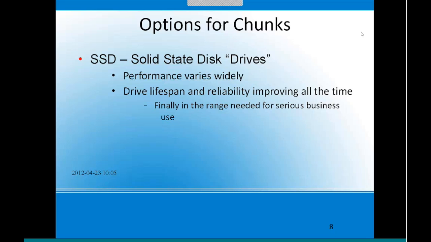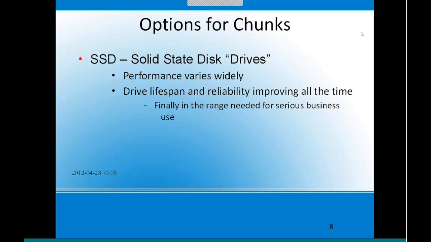Okay, and keep in mind that performance varies very widely. Some SSD drives are optimized for writing, some are optimized for reading, some are optimized for an even balance between them. They're all made from different kinds of flash memory, so their performance characteristics from one brand to another, and even within a brand from one product line to another, will vary greatly.